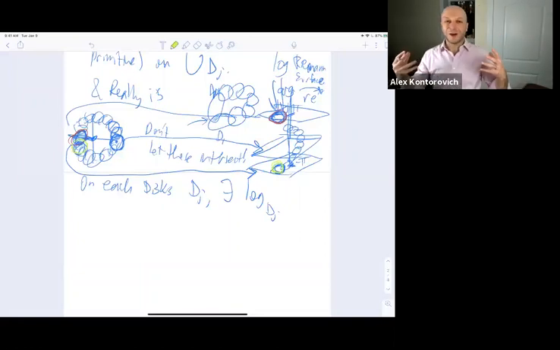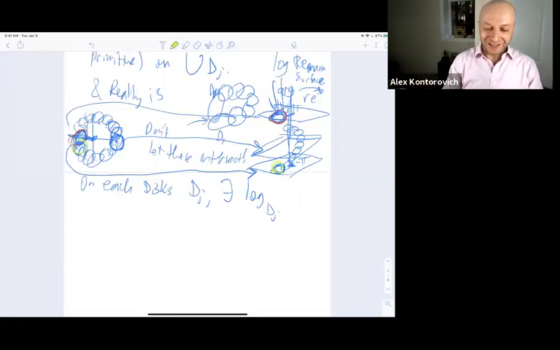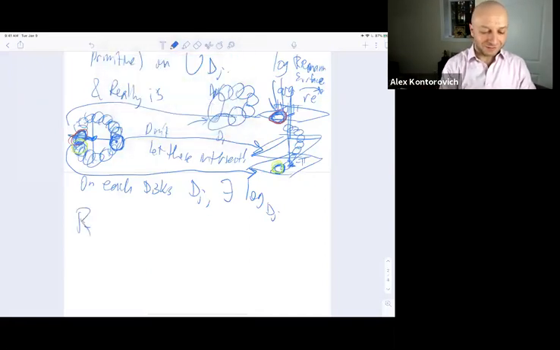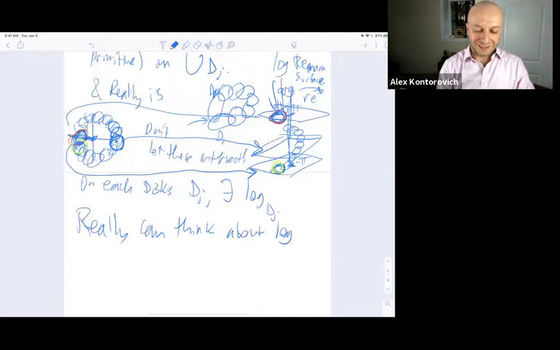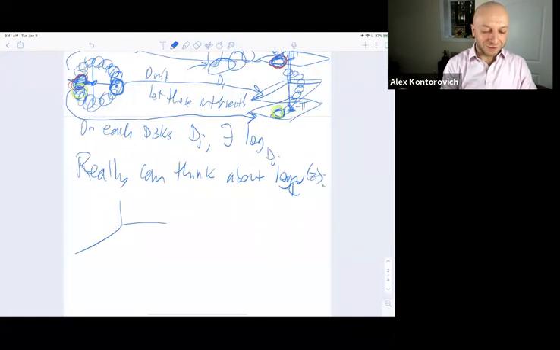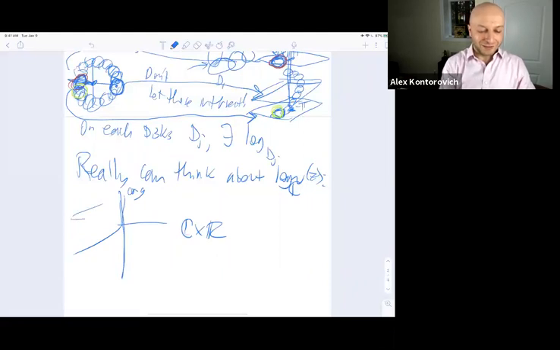So the way to really think about log holistically is as an infinite spiral. So really, you can think about log C, or some infinite extension of C, as being a function that takes values in C cross R. So at every value of the argument, there's another plane.